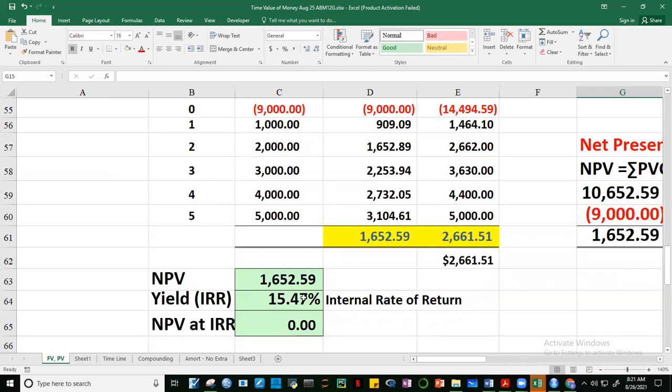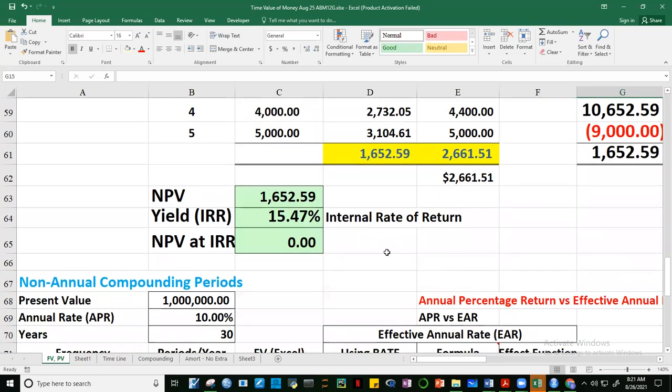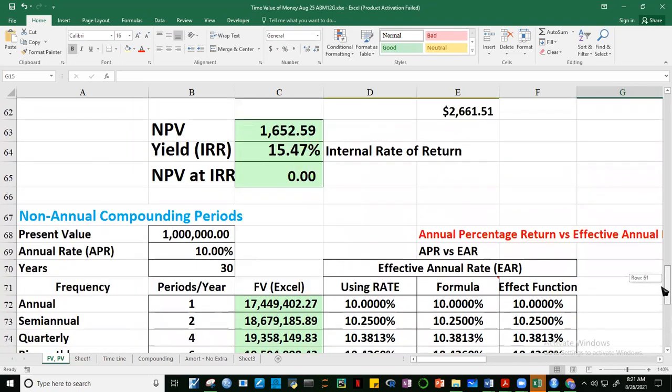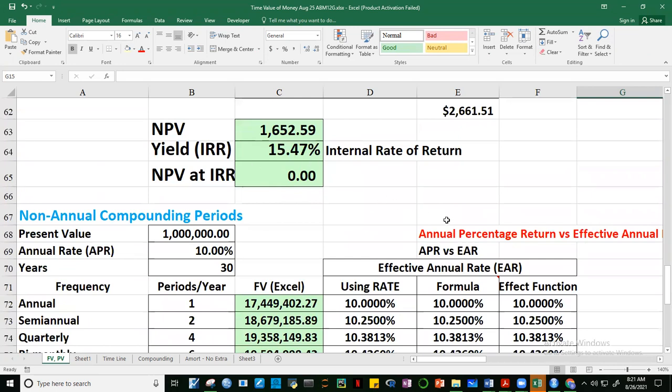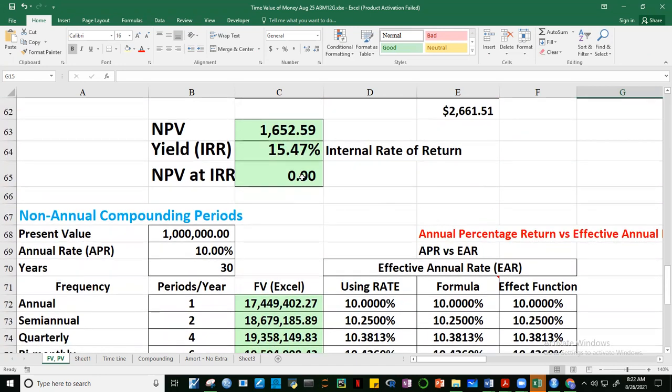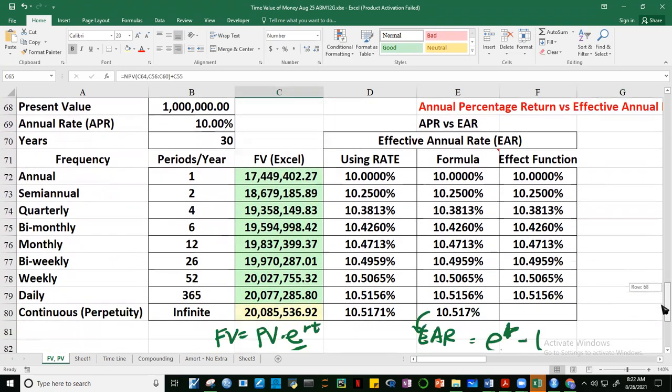In terms of IRR or the internal rate of return, we said that a project is feasible if the IRR is greater than the weighted average cost of capital. Okay, and then if there's a conflict between the NPV and IRR, we always follow the NPV. And we defined our IRR as that rate of return where the net present value is 0.